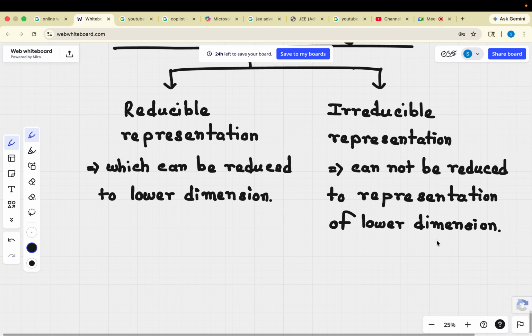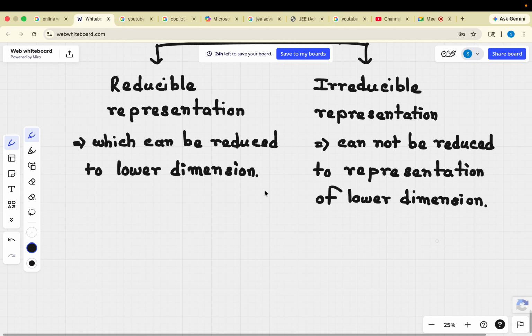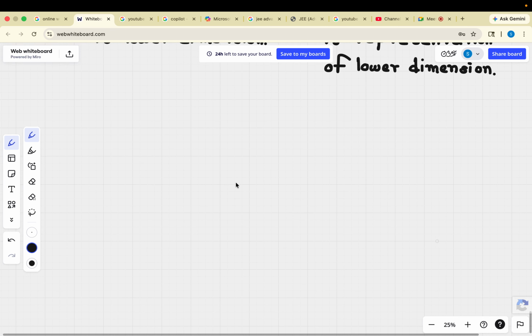So we have two types: one is your reducible representation, another one is your irreducible representation. Reducible representation means which can be reduced to lower dimension, and irreducible representation means that it cannot be reduced to representation of lower dimension. So these are the general definitions of these two.